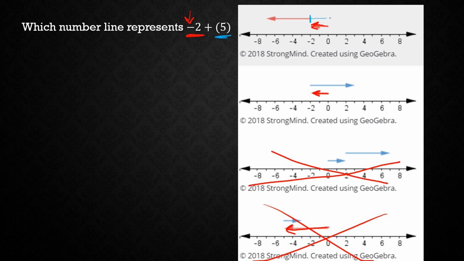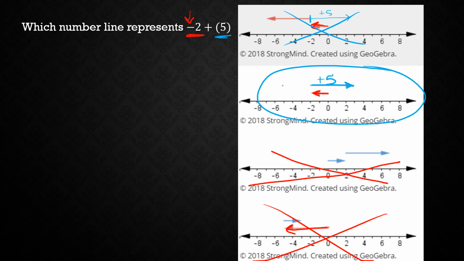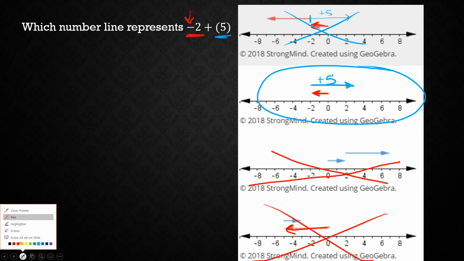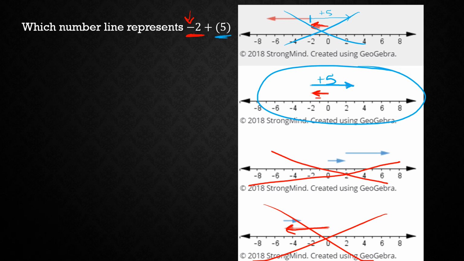And this should be going the other direction, right? Because I need to have this be a +5. So that means this one is not correct. And if I look at this model here, I'm going from -2 all the way up to +5. So that means this model is the correct one that I want to pick. And this red arrow represents a -2.